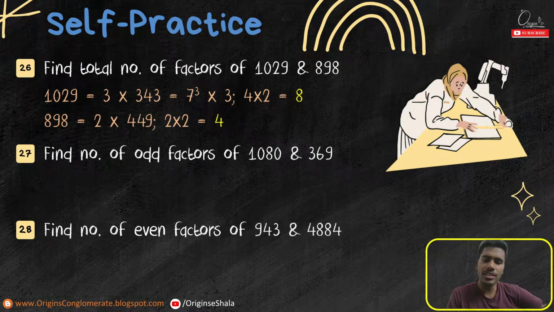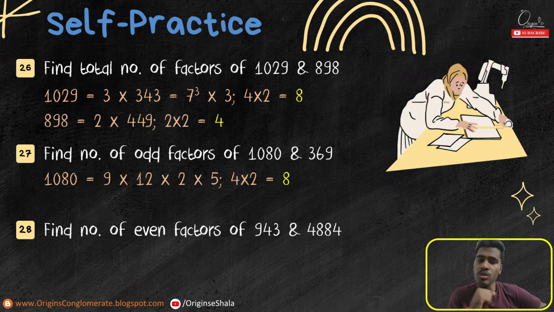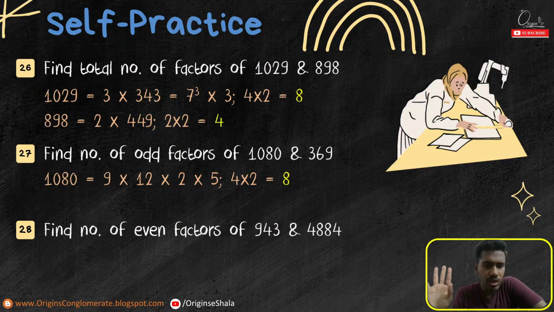Now for odd factors. 1080 is a very smart split because first of all, 108 into 10, so you directly got 2 into 5. Now 108, I clearly remember it is 12 into 9, because I know tables up to 20 by heart. As I'm only concerned about odd factors, I won't be looking at this 2 at all.